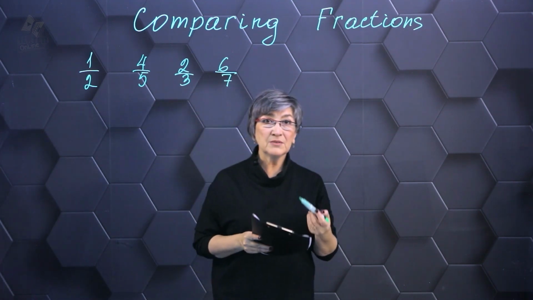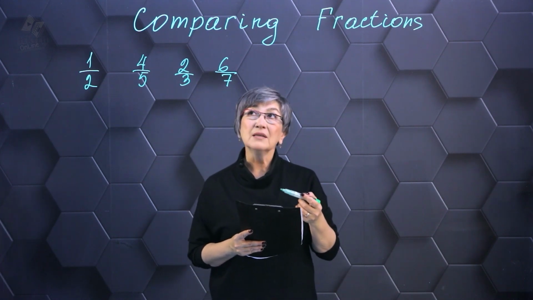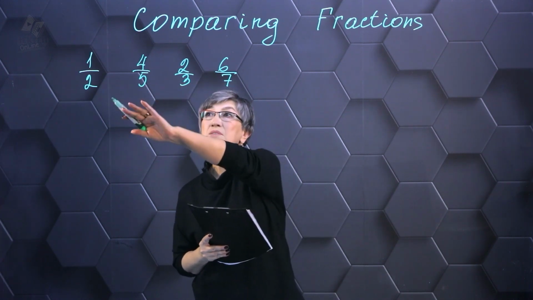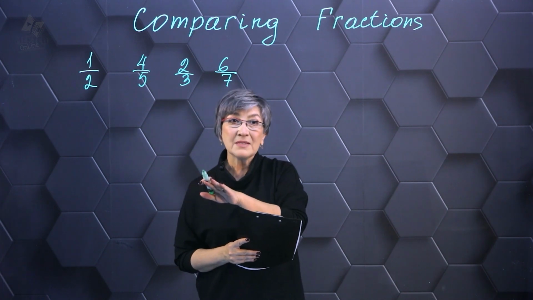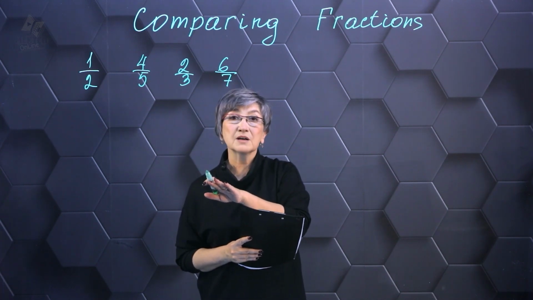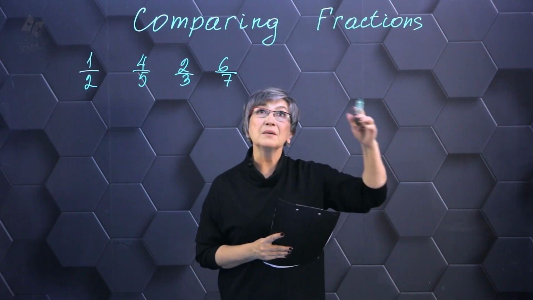And I need to put these fractional numbers in ascending order. That is, I need to write them down in such a way that the smallest fraction comes first and the largest fraction comes last. I'm going to write it down briefly in ascending order.